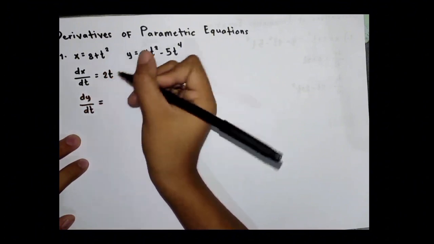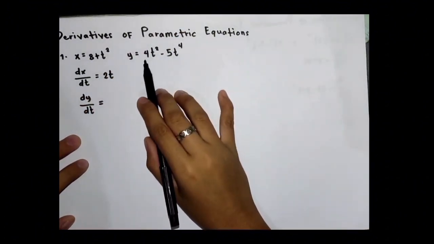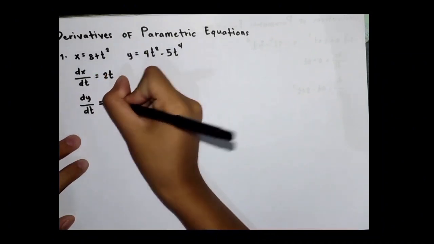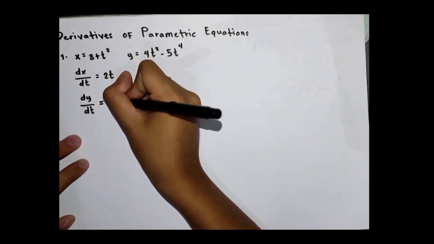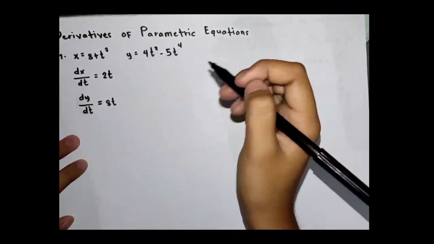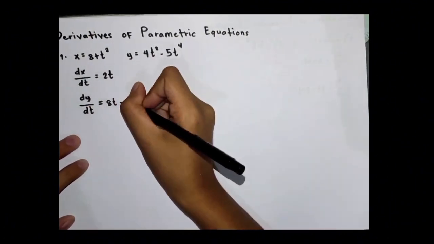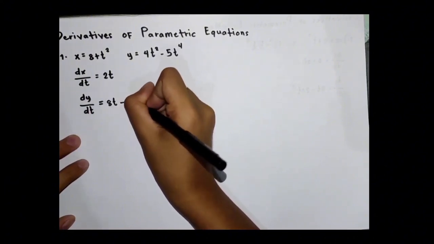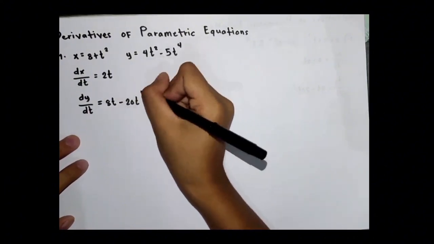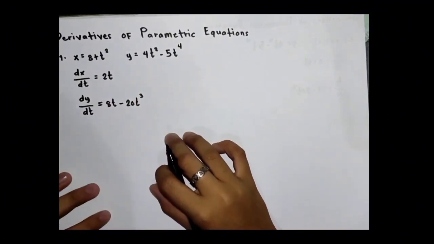Now, let's find the derivative of y with respect to t. So, 2 times 4 equals 8t, 2 minus 1 is 1, so no need to write the exponent 1, minus 5 times 4 equals 20t, 4 minus 1 equals 3, so we're going to write the exponent 3.